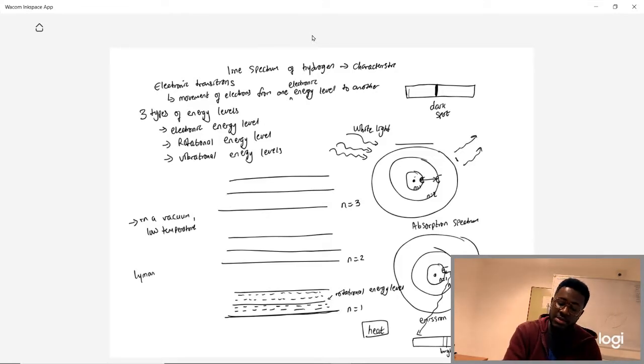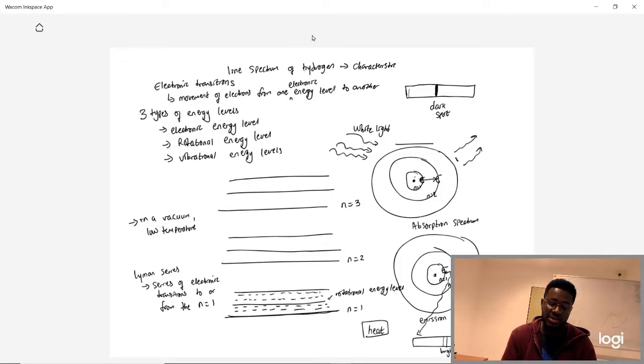So the Lyman series is a series of electronic transitions to or from the first energy level, n equal to 1. The Balmer series is to or from n equal to 2. The Paschen series is to or from n equal to 3. Okay, so basic stuff.